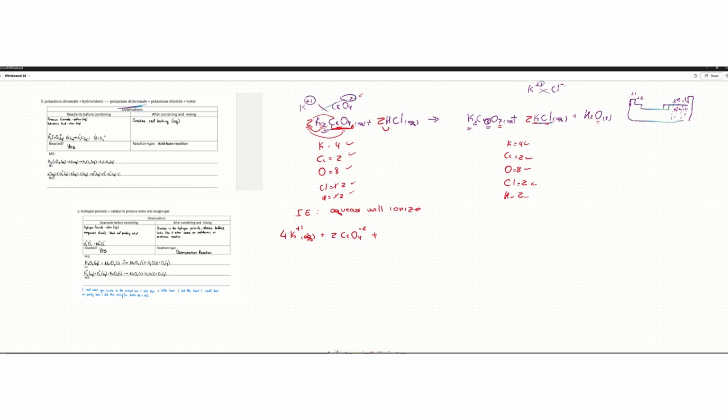Plus, I have this 2 hydrogen, it's all aqueous. So 2 hydrogen plus 2 chloride, right? All aqueous. And then on this side over here we have 2 potassium plus 1 dichromate, 2 negative.